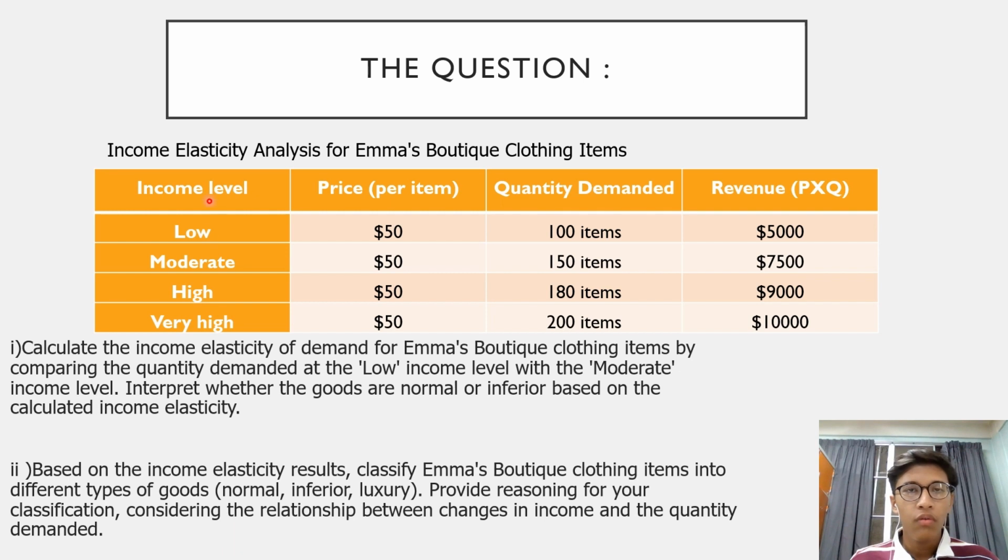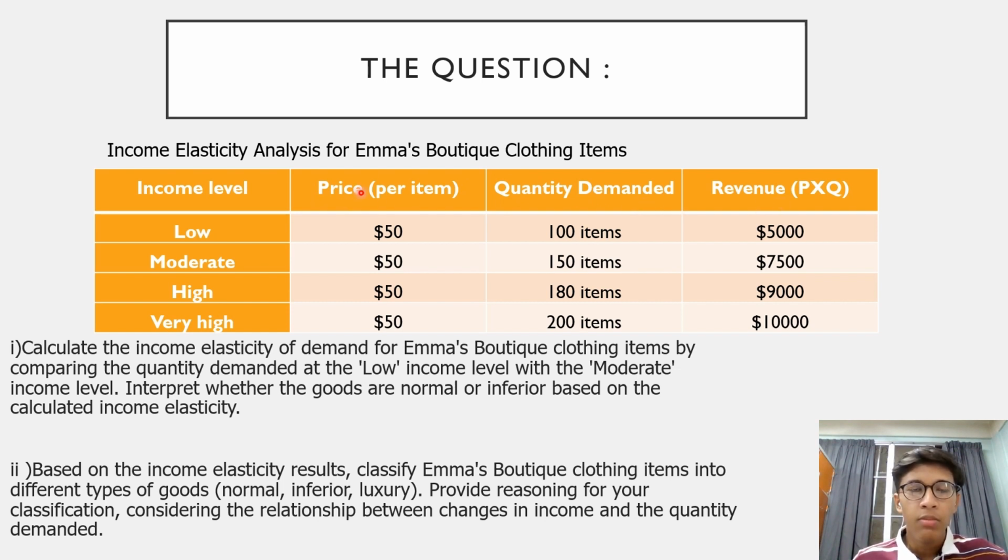Okay. So for question 2, we can see on the slide that it gives us a table for income elasticity analysed for Emma Beauty clothing items. There are 4 income levels: low, moderate, high, and very high. And then it gives us the price per item, quantity demanded, and revenue.